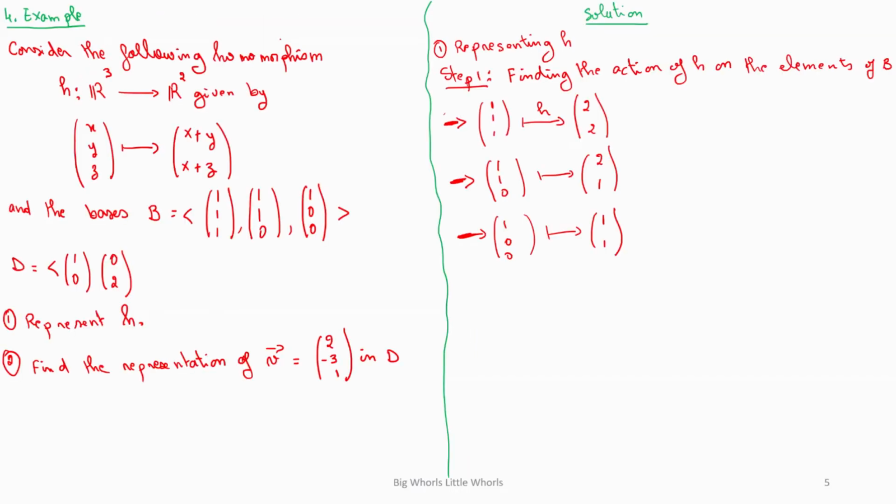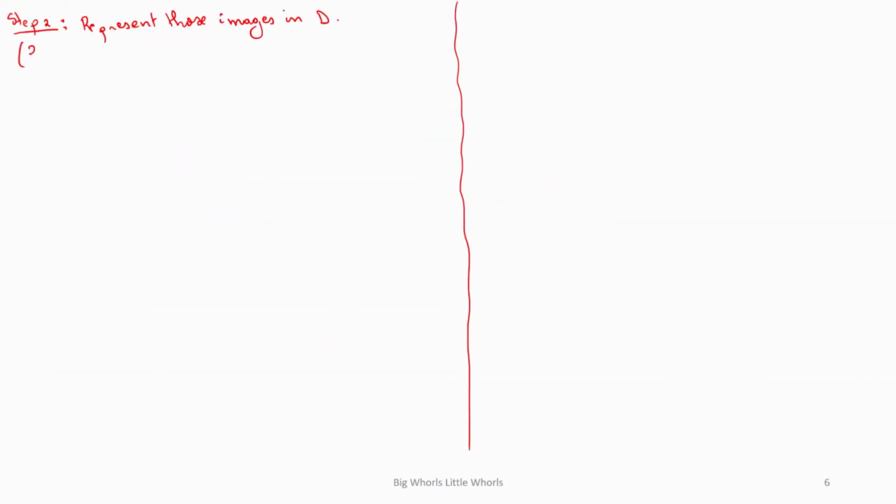The second step, step 2. Represent those images in D. Those images, if you recall, are 2, 2, 2, 1, and 1, 1. We need to keep the order.